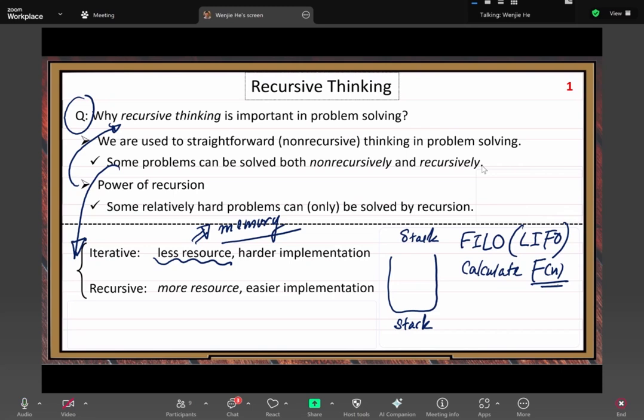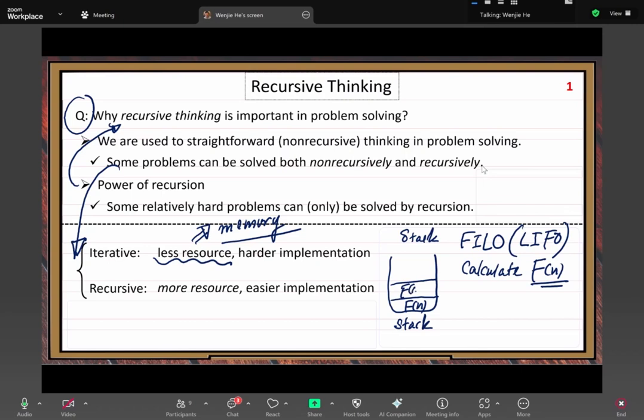F of n is not available, so we push it into the stack. The first step, we push it into the stack, so it's at the bottom. The first in is at the bottom. Then f of n relies on f of some smaller numbers, based on your recursive formula.